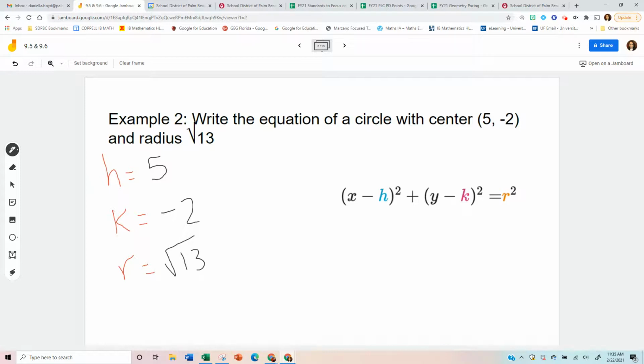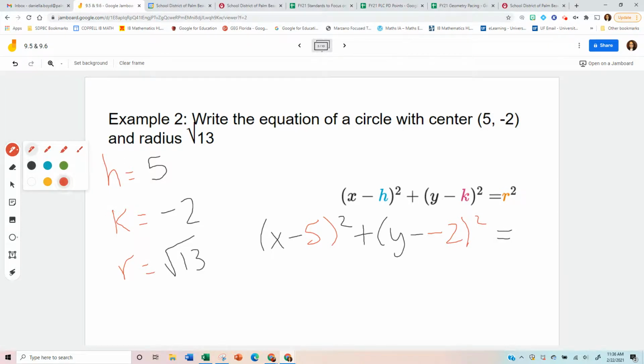So when we plug into the formula, I'm going to do x minus whatever h is equal to, and h is equal to 5, squared, plus, I'm just following the formula, y minus, it's always minus, k is equal to -2, squared, equals whatever my radius is squared.